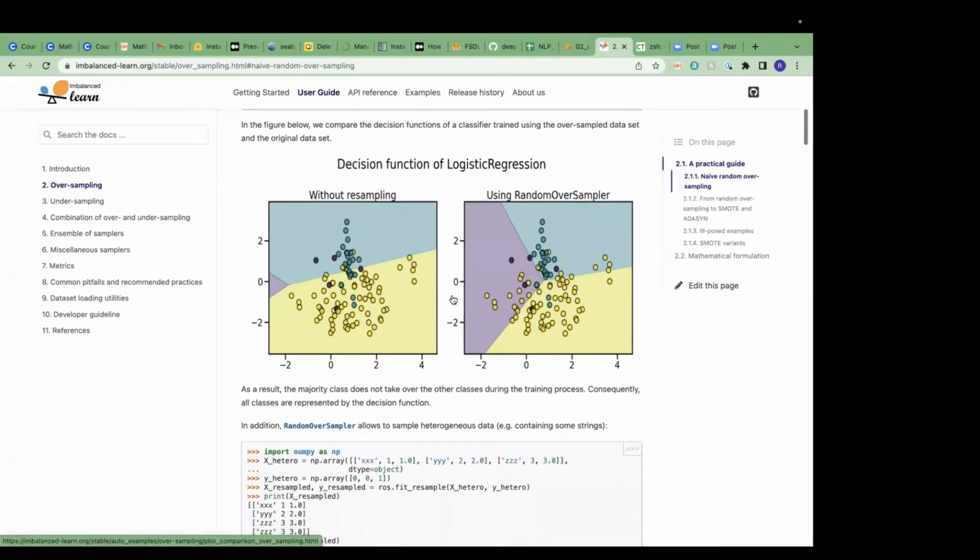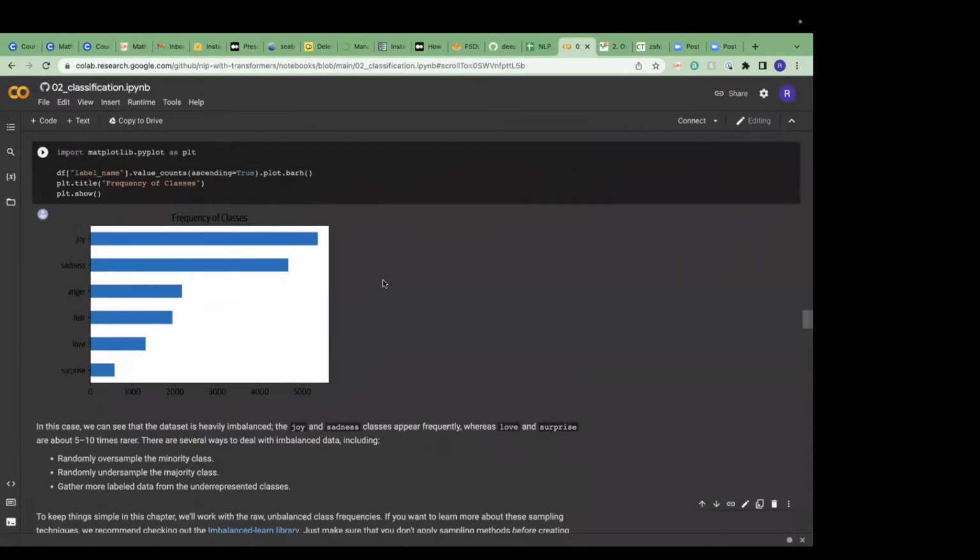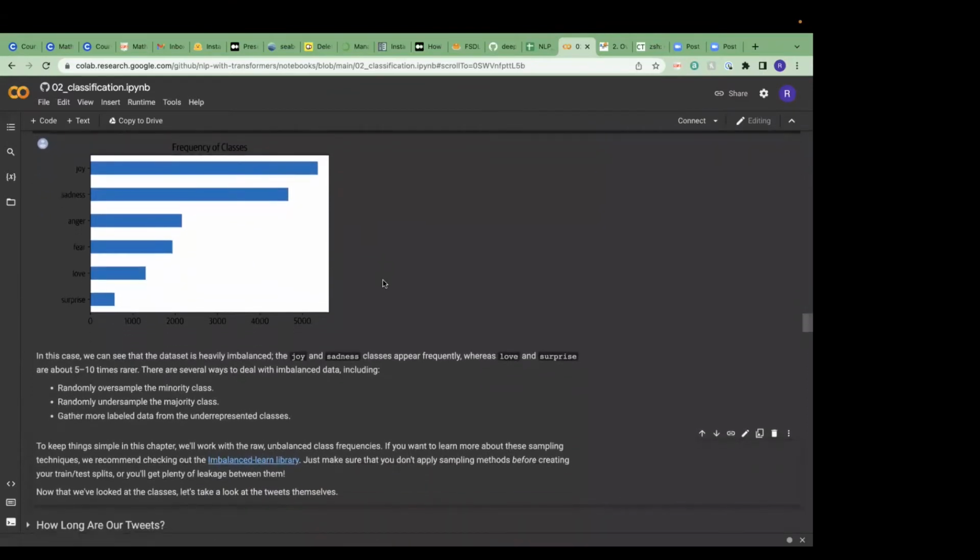I just wanted to point out that with unbalanced data, you have two distinct problems. One problem is that if you give the model a majority class, it may pick up the imbalance in the data, and there you have to decide whether that's what you want or not.